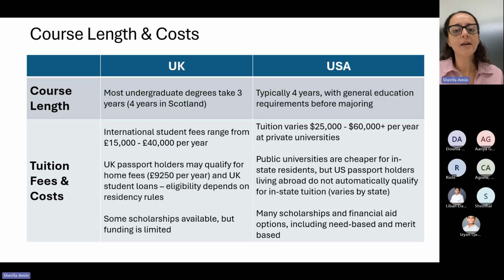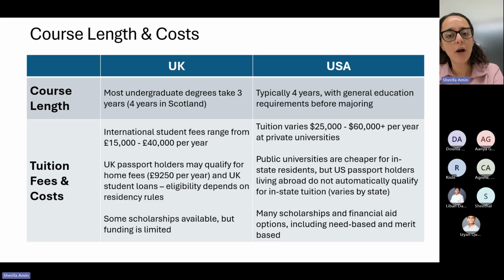For the US, in-state tuition at public universities can be significantly lower than out-of-state or private universities. But similarly, simply having a US passport does not automatically qualify a student for in-state tuition.